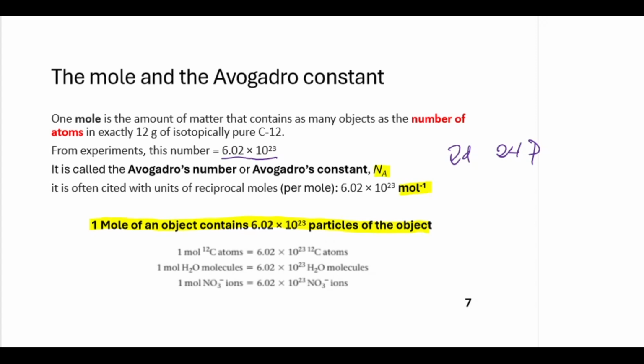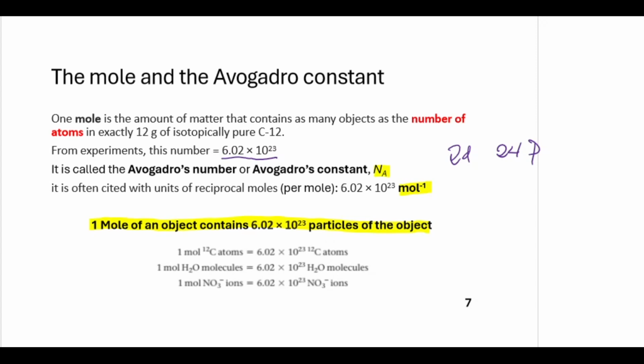So when we have 1 mole of an object or anything, for example 1 mole of rice, if you try to count the grains of rice in that 1 mole, it will be 6.02 times 10 to the power of 23 grains of rice.